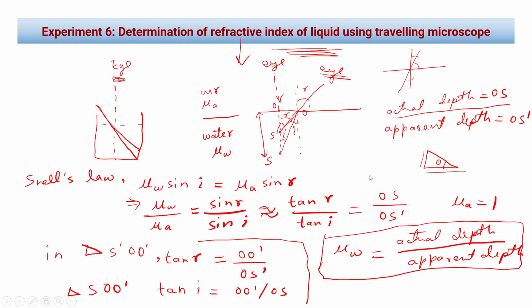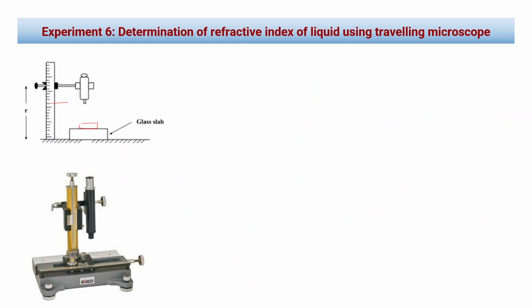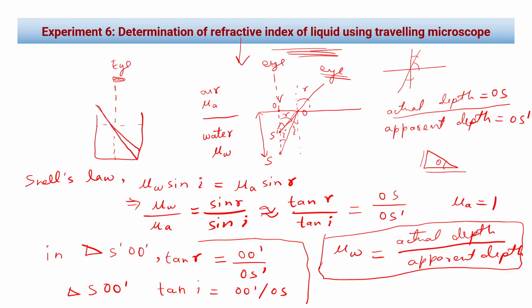So based on this, the experiment was performed. If you want to understand the experiment, what we were doing there, we just wanted to measure two or three different distances, because to find the refractive index of a liquid, we need the actual depth and apparent depth. Only these two parameters we need to find the refractive index.